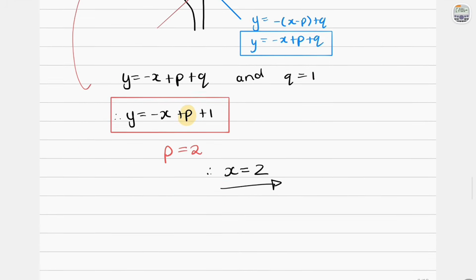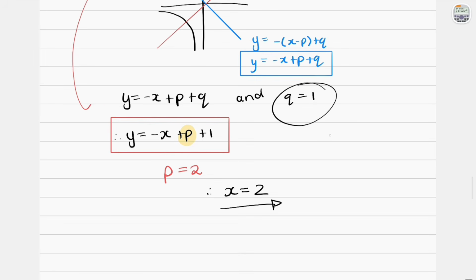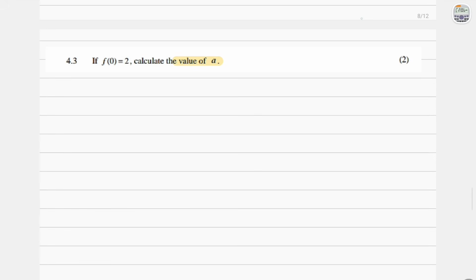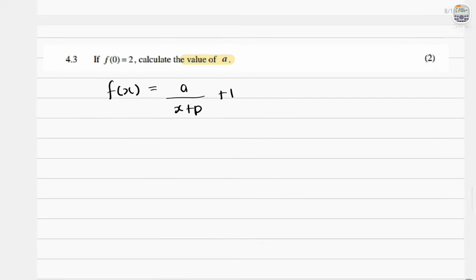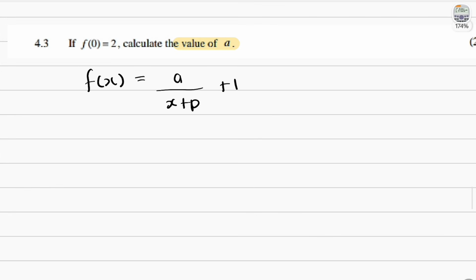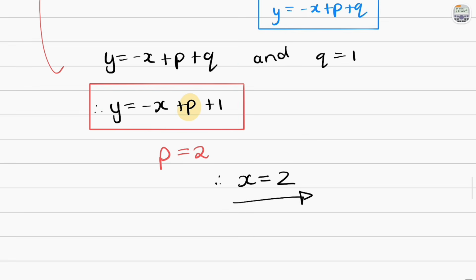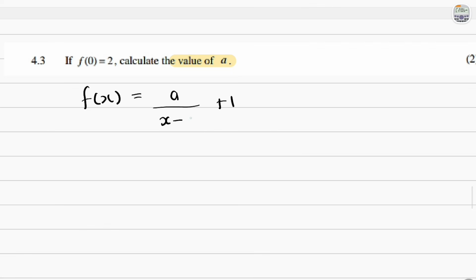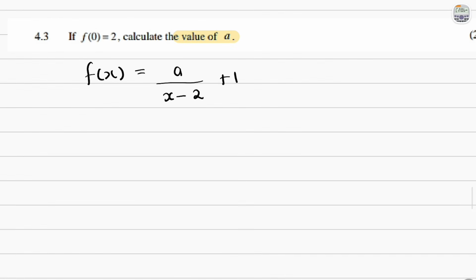And we're also going to take note of all the other things we found: q is equal to 1, p, the original p of a hyperbola, is 2, and so on. So let's put that down. Okay, so you know that this is already 1, and in its general form, this should be x minus p, but we found that p is 2, so this should be x minus 2, if we update this equation.